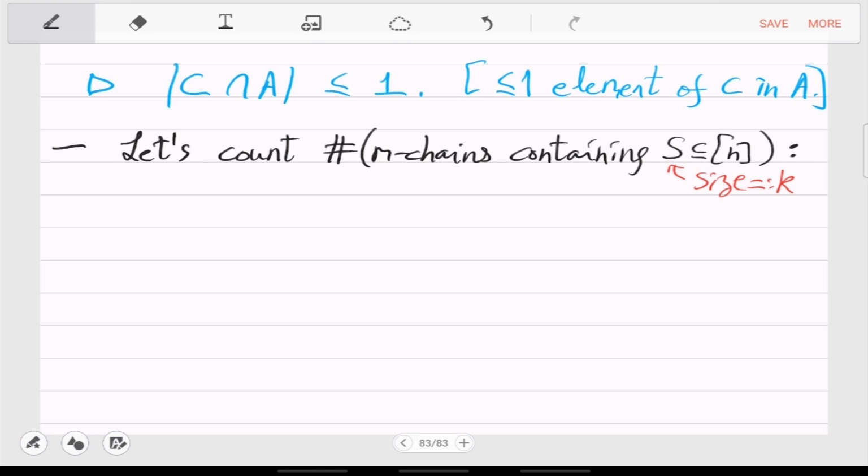I want a function in terms of n and k. What is it? And you can't interleave them, S with S complement. Yes, your answer is correct.